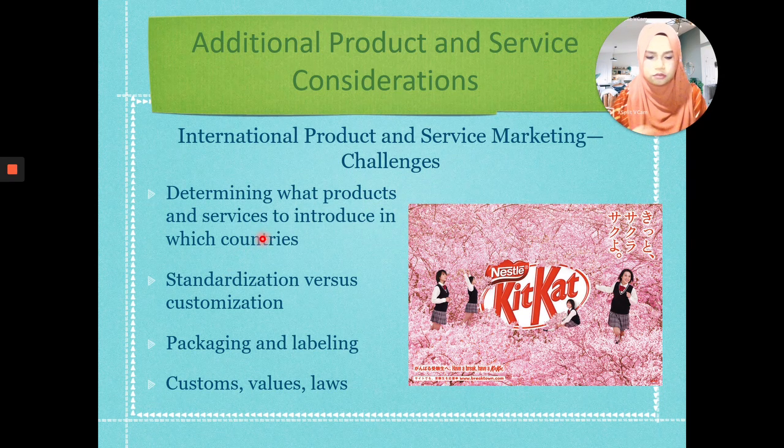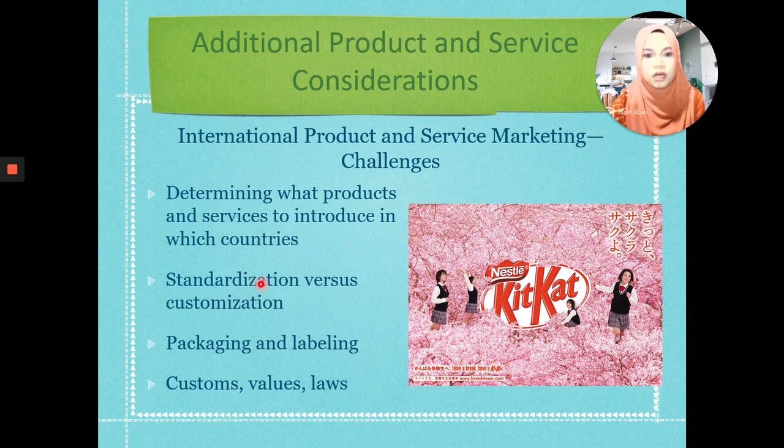Are you going to sell it to the whole world, or are there certain boundaries, certain products that you only sell in certain countries? Like most products in Malaysia, we don't really have a lot of restrictions. But in the US, there are a lot of things that are not to be sold in the US, or only to be sold in the US.